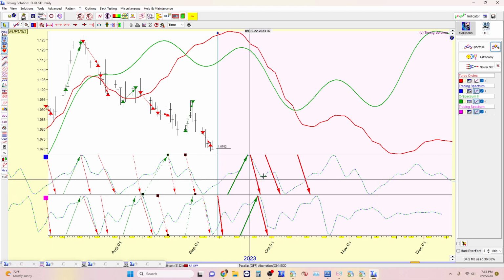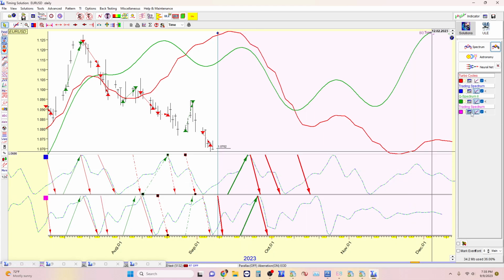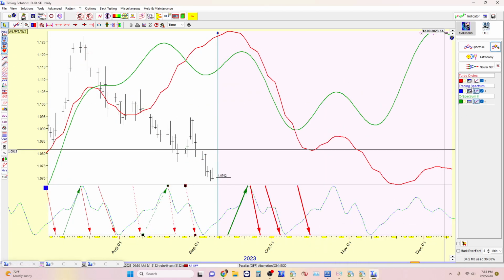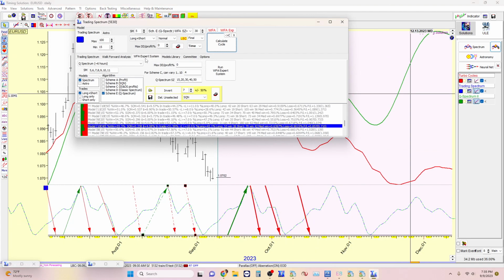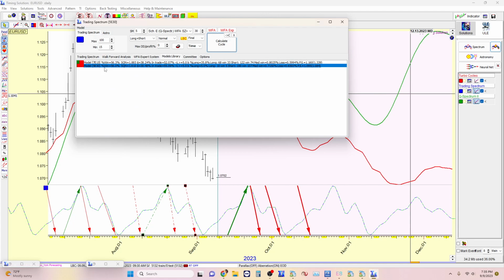A little delayed on the quick trading spectrum versus just doing the trading spectrum with the walk forward analysis expert system, finding the best model that's got the best equity curve with a high enough win percentage, which according to the models library was 5E30, a 56% win rate, SQN score 1.61, and overall not a big drawdown in the equity curve.